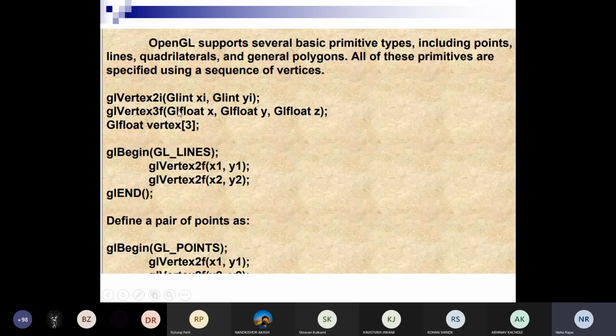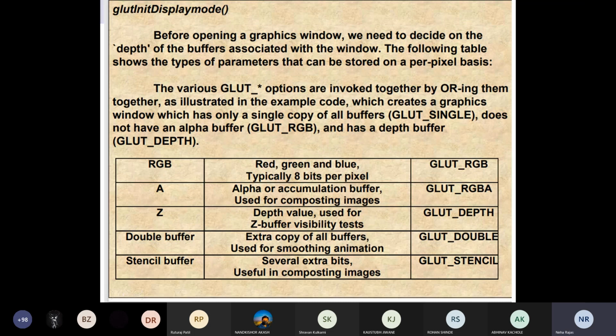Okay, so glVertex which we give as float, then we use glVertex2f, then glBegin with GL_LINES. अगर आपको लाइन ड्रॉ करनी है तो उसके दो वर्टिसेस आपको देने पड़ेंगे. Then glEnd. GL_POINTS defines a pair of points. I am just introducing the primitives of the graphics library. Okay, so OpenGL.